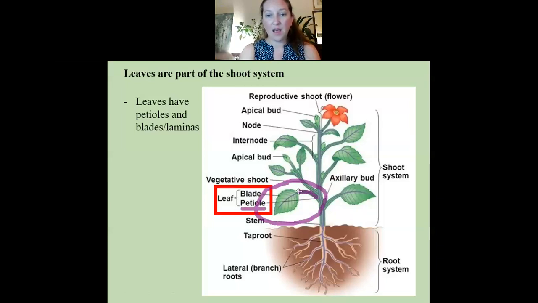And then the green flat part of a leaf is what's called the blade or lamina. Both of those mean the same thing, so you could use whichever one you prefer. So those are the two main parts of the external form of the leaf: the blade or lamina, same thing, and petioles, the stem part of a leaf.